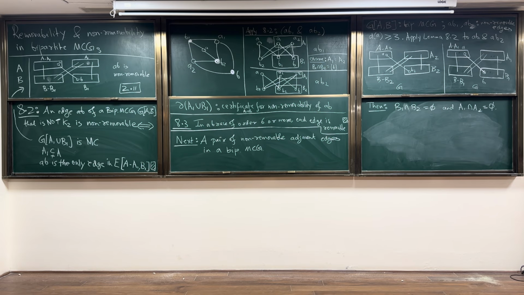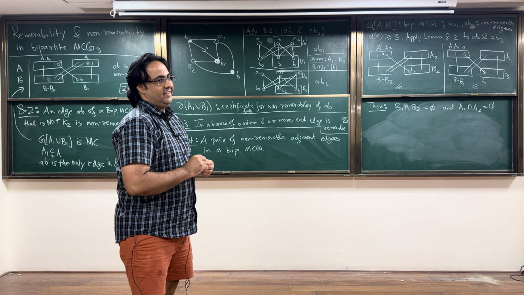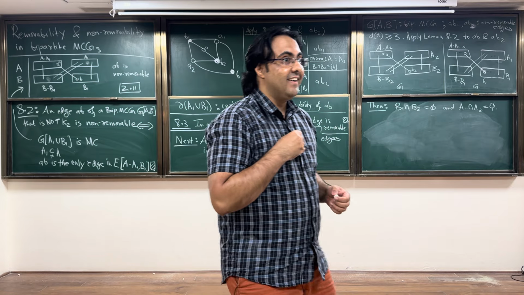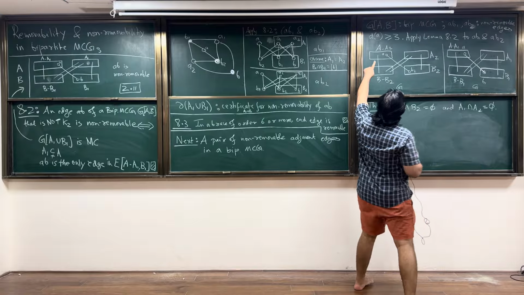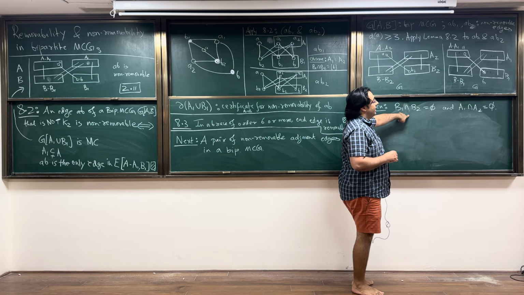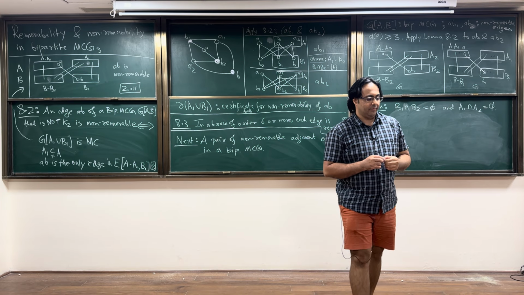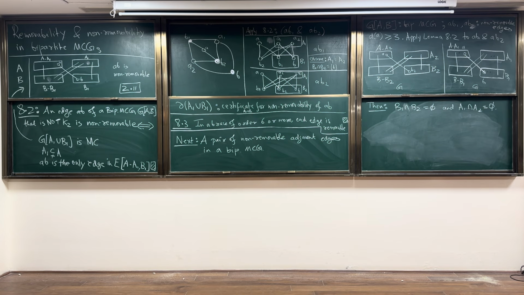This course is based on a book called Perfect Matchings. What I'm saying is, in order to prove these statements, we must use the fact that the degree of the vertex A is at least 3. How will we use that? And my hint is that the book we are following is called Perfect Matchings.